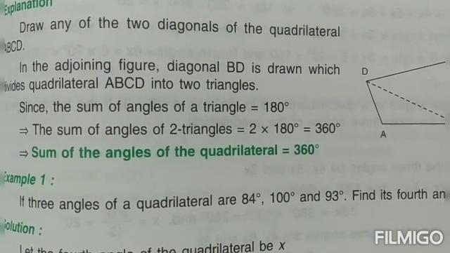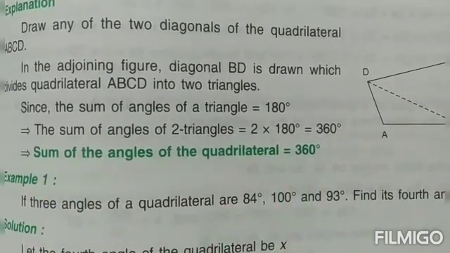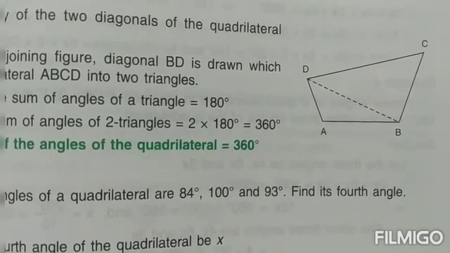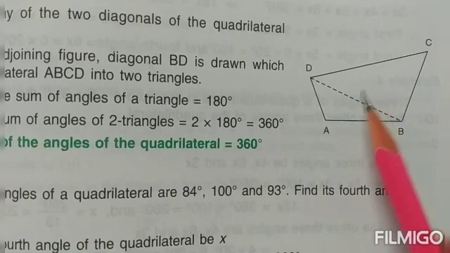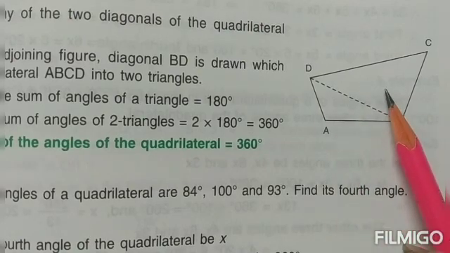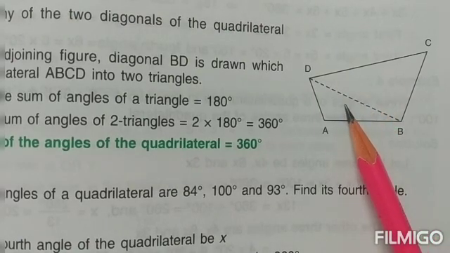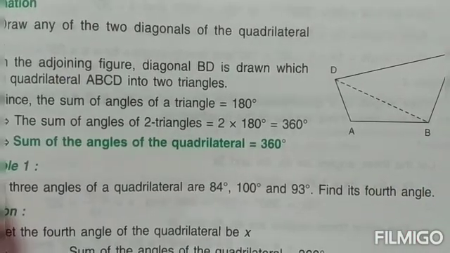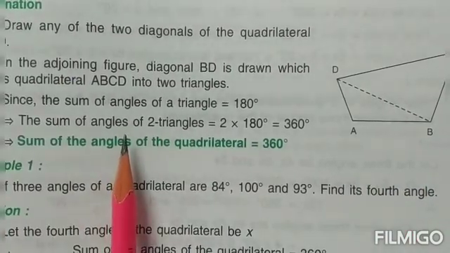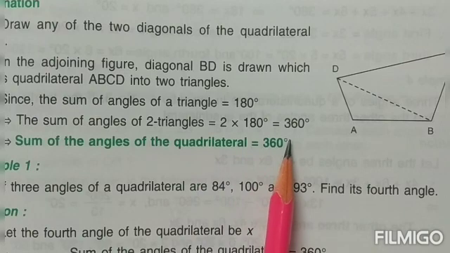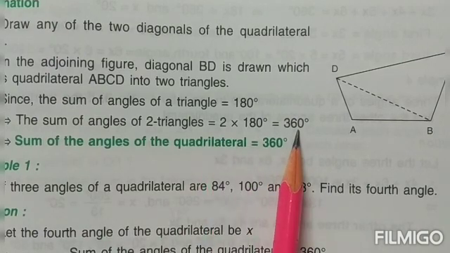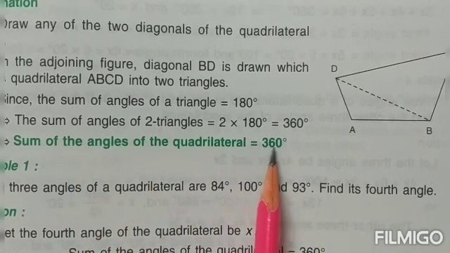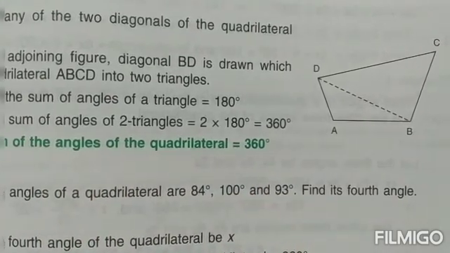Now this over here is telling you exactly what I was explaining right now, that a quadrilateral contains two triangles and the sum of the interior angles of a triangle is always 180. So in order to calculate the sum of the angles of a quadrilateral, we multiply 180 by 2. That is 360. So the sum of the angles of a quadrilateral is always 360 degrees.